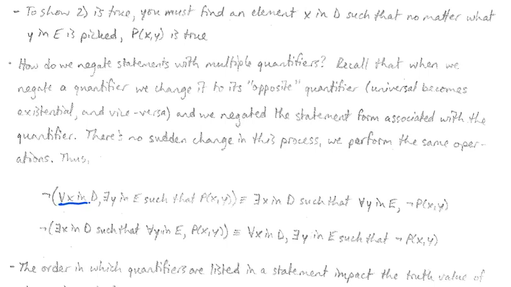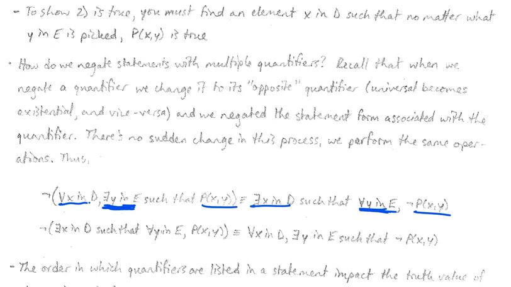The for all became a there is, and then the there is became a for all. And then we took the negative of our statement form that will involve predicates.